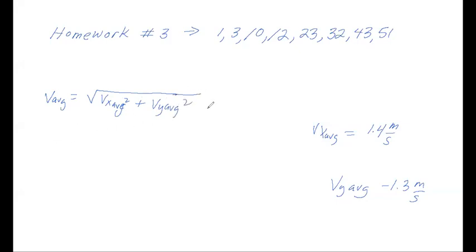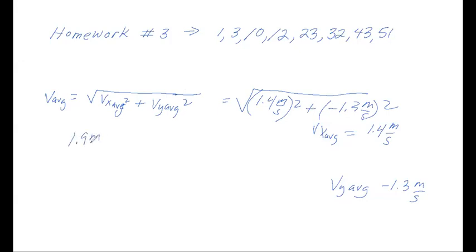And that's going to be equal to the square root of 1.4 meters per second quantity squared plus a negative 1.3 meters per second quantity squared. And that's going to give us 1.9 meters per second, the average. And then, of course, that's the magnitude.